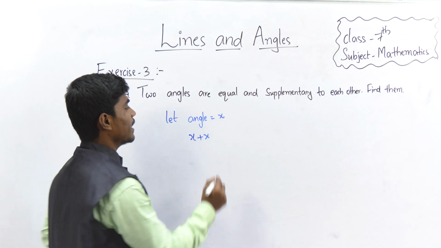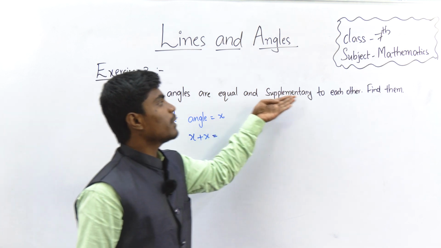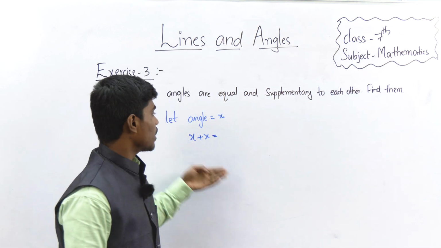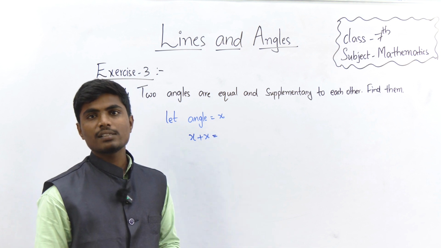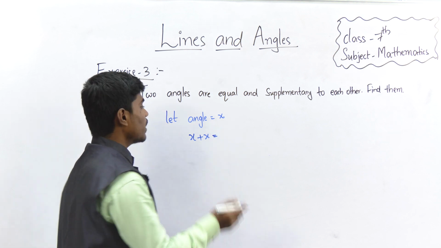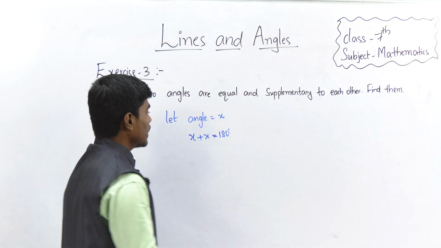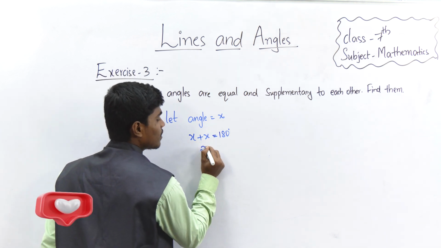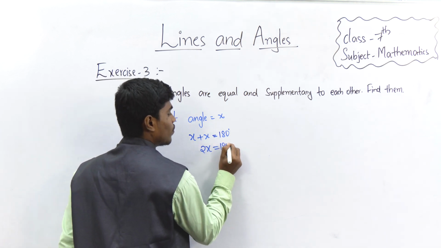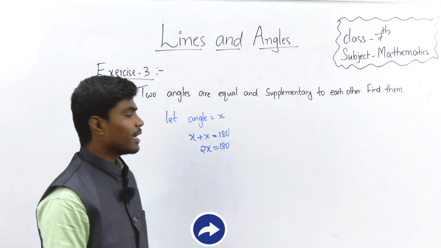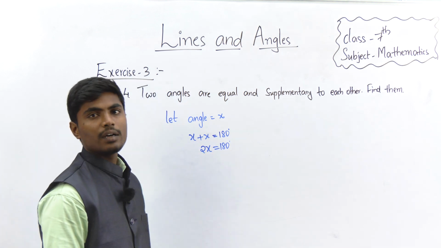Supplementary to each other means the sum of these two angles is equal to 180. So x plus x is 180 degrees. Here x plus x is 2x, equal to 180 degrees. Here we take 2 to the right side.